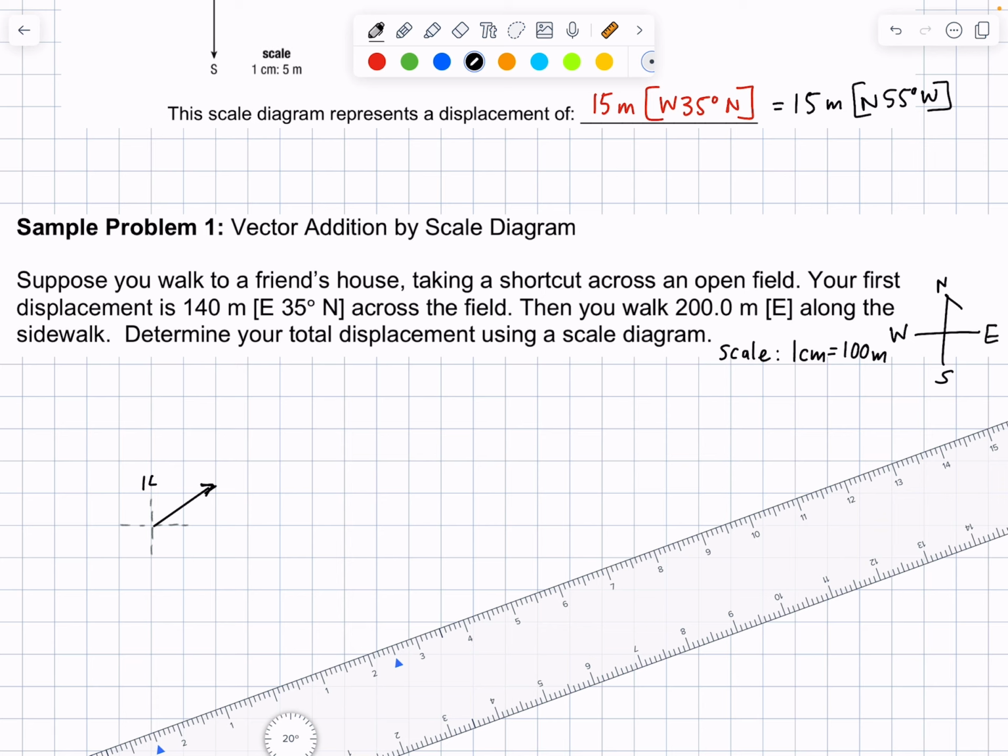This is 140 meters, and this is 35 degrees north of the east line. To this vector, I will add the second vector, which is 200 meters east. And when we add them, we will add them tail to tip.